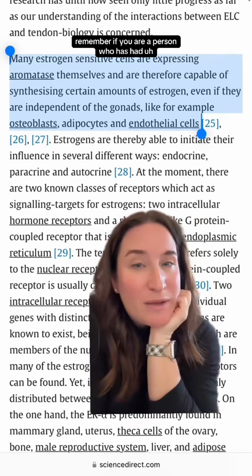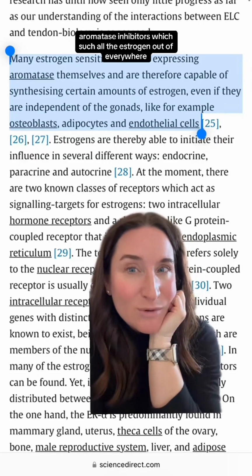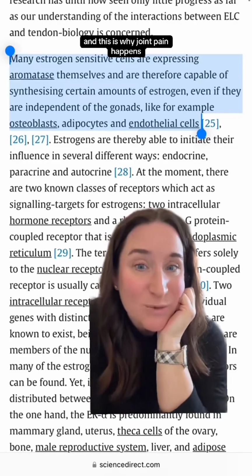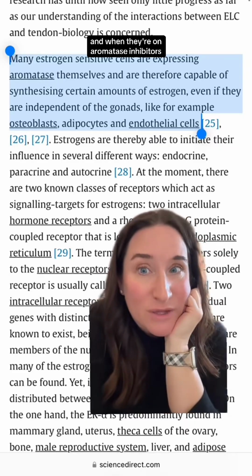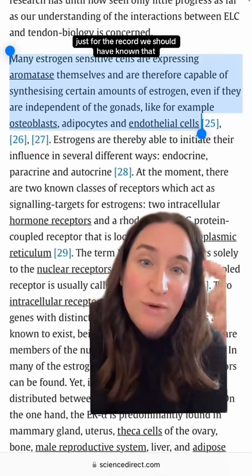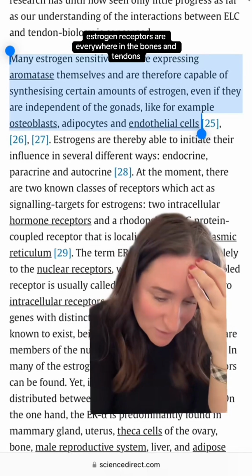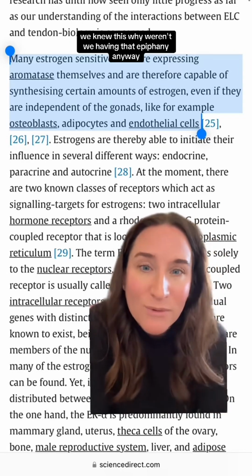Remember, if you are a person who has had breast cancer, you are put on what? Aromatase inhibitors, which suck all the estrogen out of everywhere. And this is why joint pain happens when women are being treated for breast cancer and are on aromatase inhibitors. Just for the record, we should have thought about that, that estrogen receptors are everywhere in the bones and tendons, because duh, we knew this. Why weren't we having that epiphany?